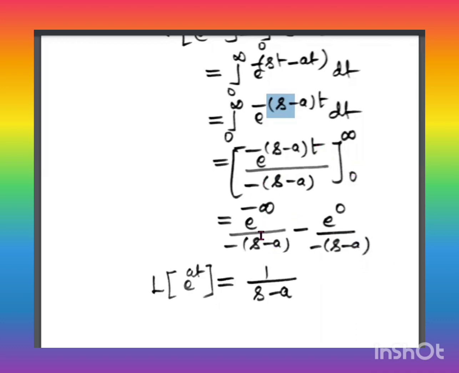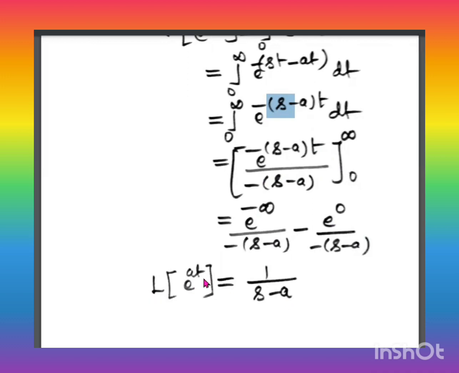The e power minus infinity value is 0, and e power 0 value is 1. So the first term will vanish and be 0. In the second term, minus divided by minus will be plus, so 1 divided by s minus a. L of e power at is equal to 1 divided by s minus a.